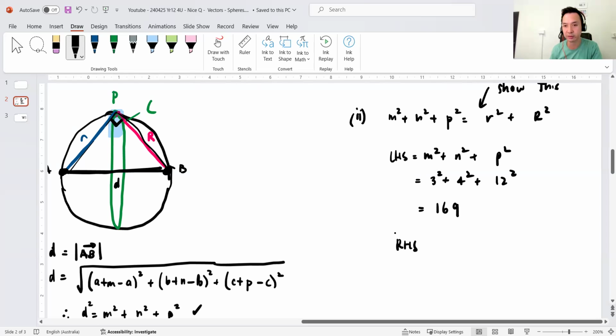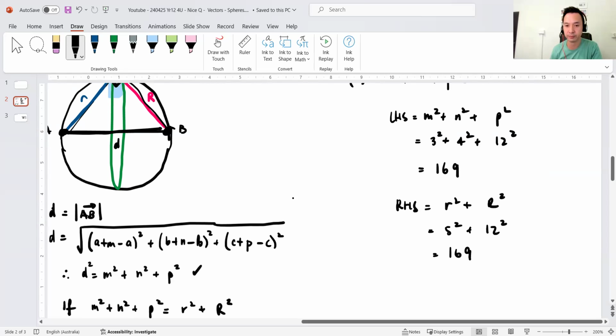Right hand side, little r squared plus r squared. And what's that? 5 squared, I think, plus 12 squared, which is 169. Therefore, m squared plus n squared plus p squared equals to little r squared plus r squared.